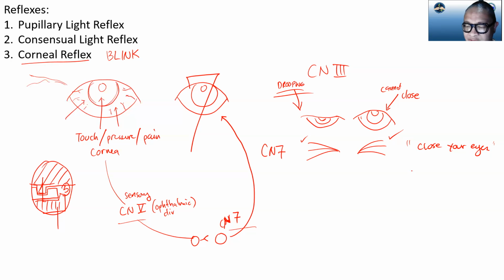Another thing to do, you tell them, open your eyes as wide as you can. And let's say they're able to do this. So what's the problem now? You can see that the cranial nerve 3 here is working, but the cranial nerve 3 on this side is quite weak.